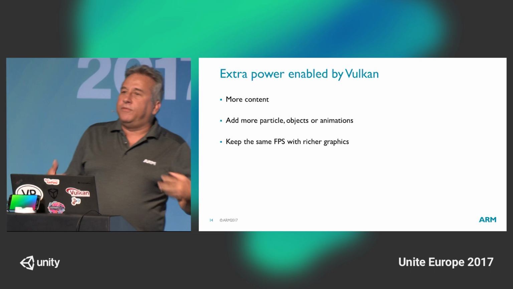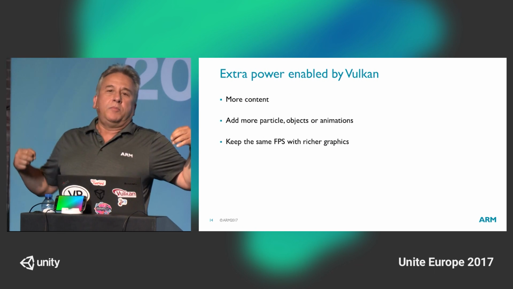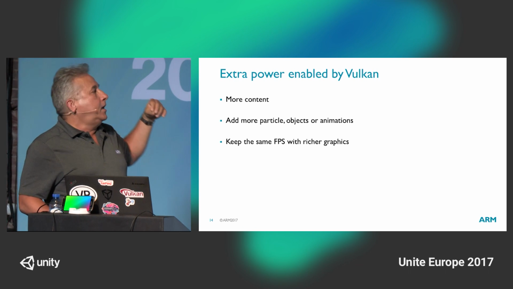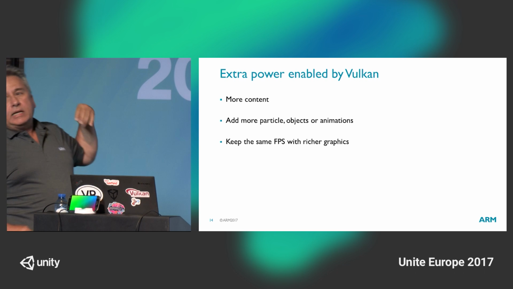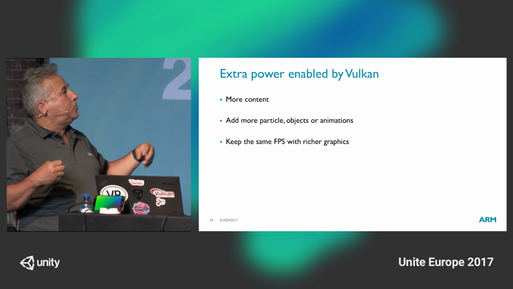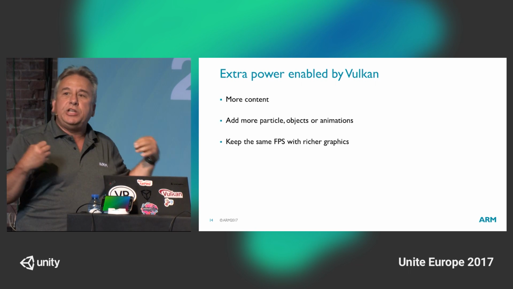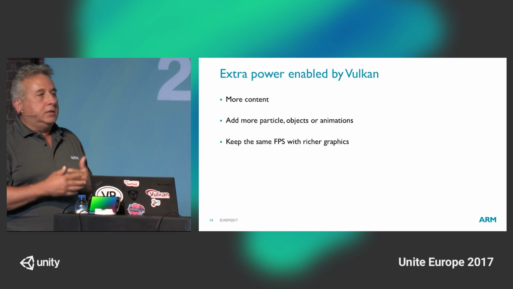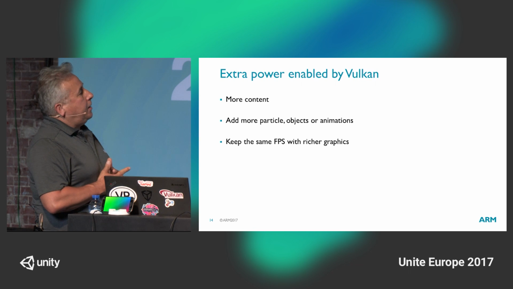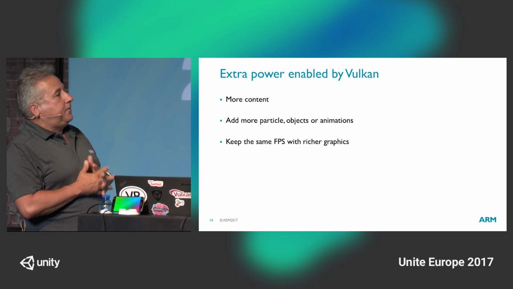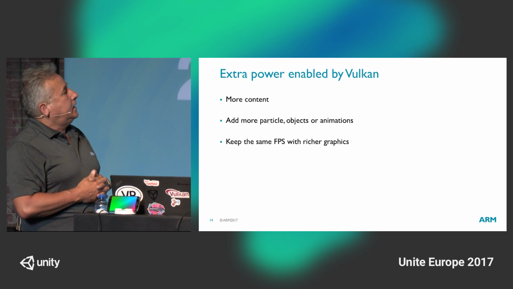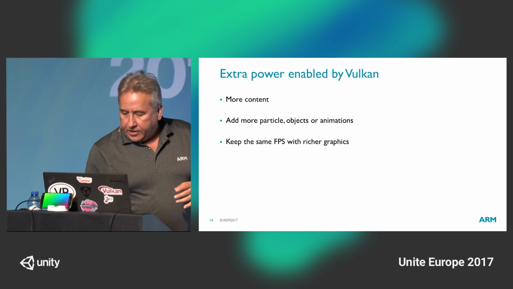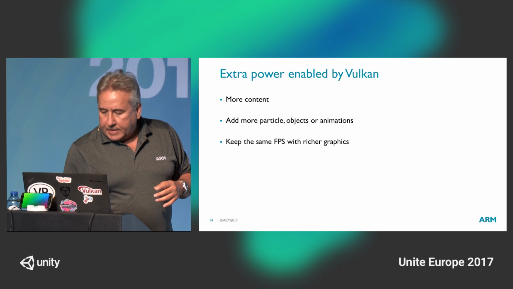So it means that Vulkan brings to us some extra power that we can use to add more content, more particles, objects, animation, which allows us to make our graphics richer and make our game more appealing to players without affecting the performance of the game. So I will show you now a short video that explains that.